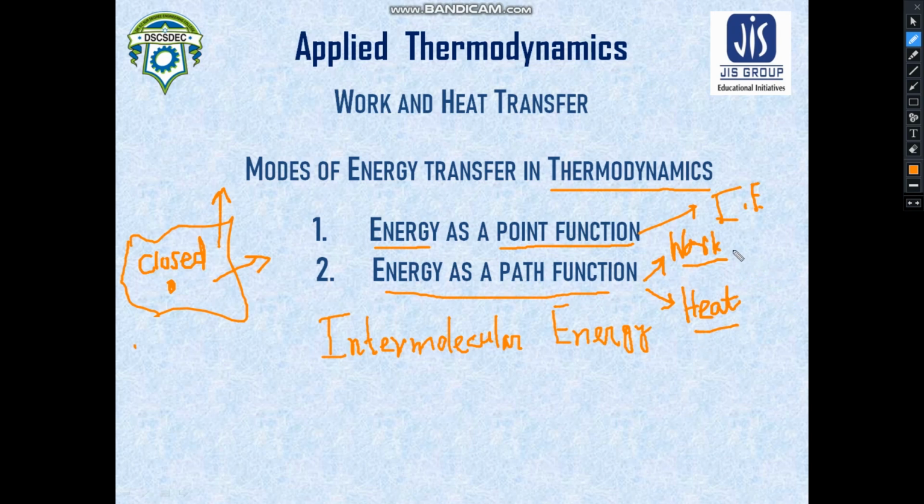And work transfer can be categorized in numerous ways, like mechanical work transfer, electrical work transfer, magnetic work. There are numerous kinds of work transfer available, but broadly they are categorized into work and heat. So these are two distinct natures of energies in thermodynamics, that is my point.